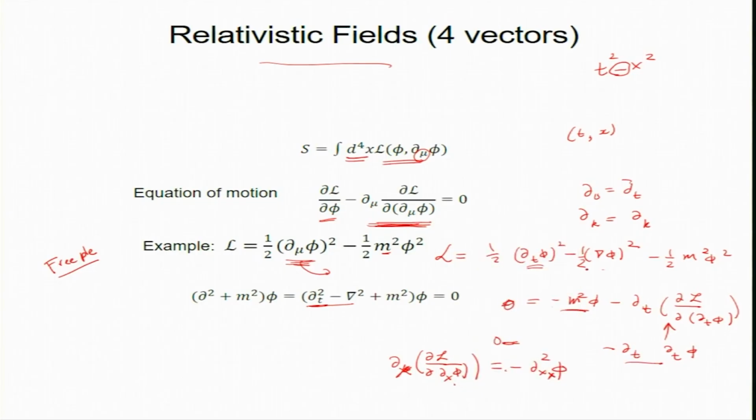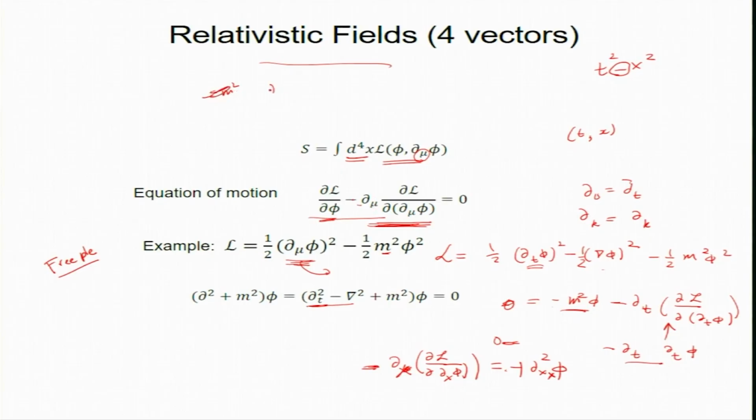There is a minus sign here, there is a minus sign here as well. So, minus minus becomes plus. Look here, this equation is written like that, minus m squared phi.